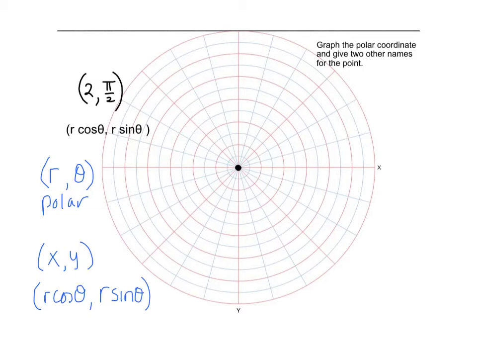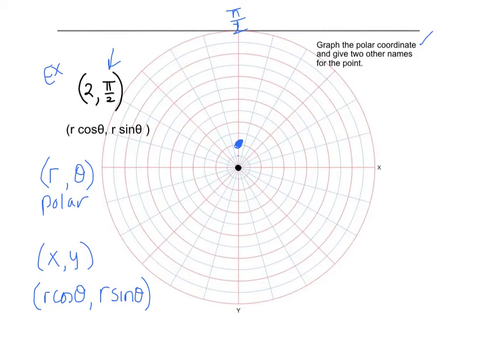So you could substitute for the x and the y and turn it into another way to write the polar coordinate. But here's the example that we're given, 2 and pi over 2. So you always do the second part first. You find pi over 2, that's here, and I want to go 2 in the positive direction, so I'm going out towards the angle, so 1, 2, and here I go. Okay, there's my point. It says graph the polar coordinate and give 2 other names for the point.